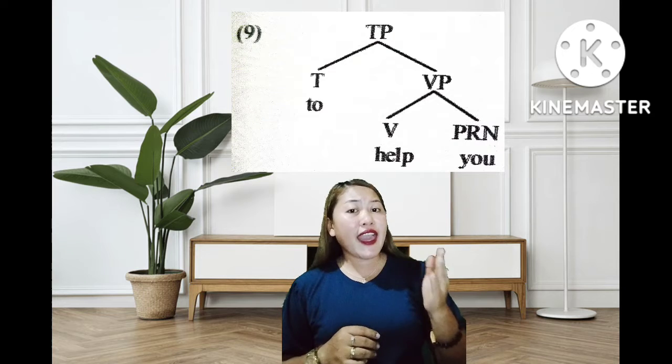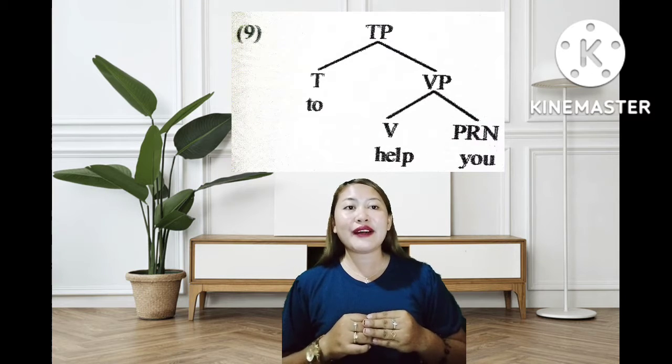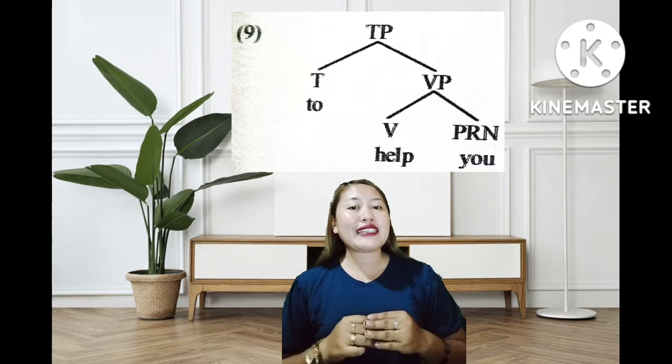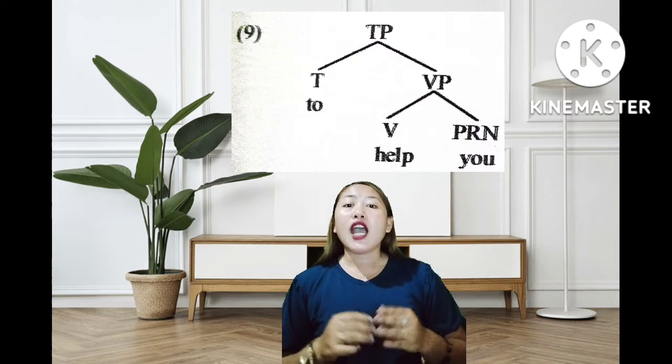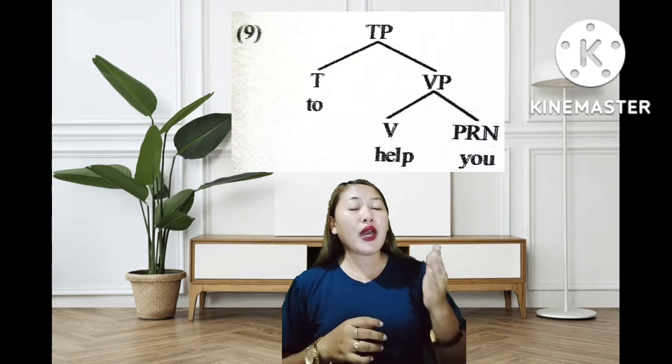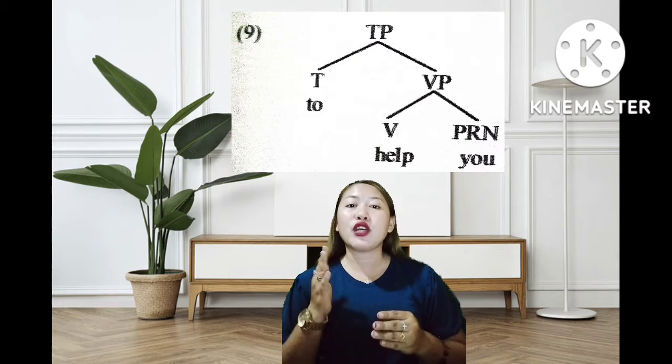As you can see in the tree diagram, the head of the resulting infinitival tense projection to help you is the infinitive particle to, and the verb phrase help you is the complement of to. Conversely, to help you is a projection of to.